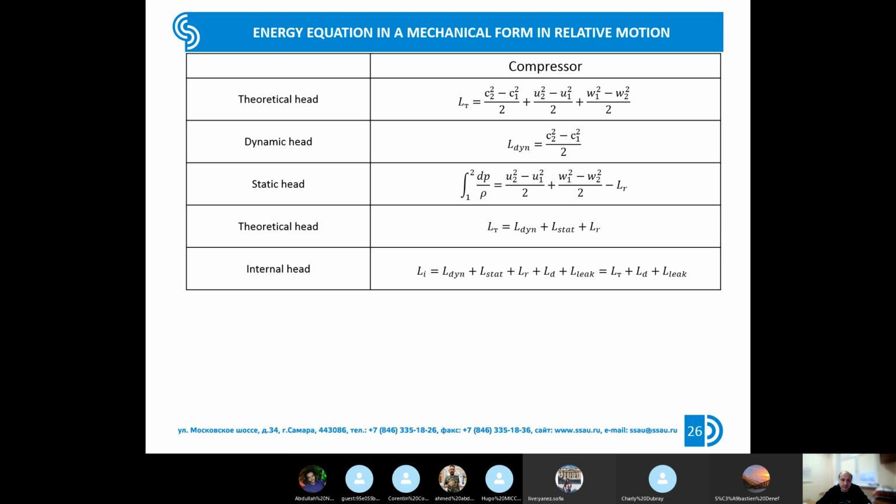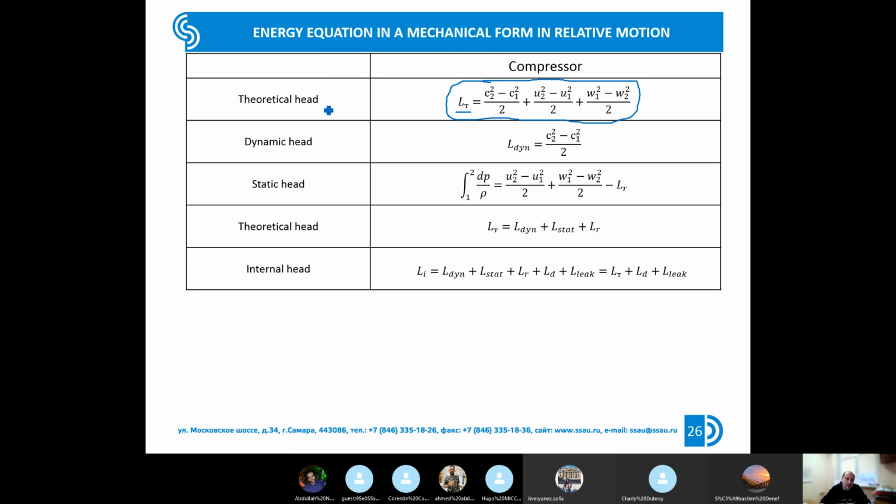And the last idea deals with the energy equation in mechanical form in relative motion. At the previous slide, we received such a relationship. And this work is the mechanical work which is supplied from the blades to the compressor. This work is called theoretical specific work. But it's a very interesting case.